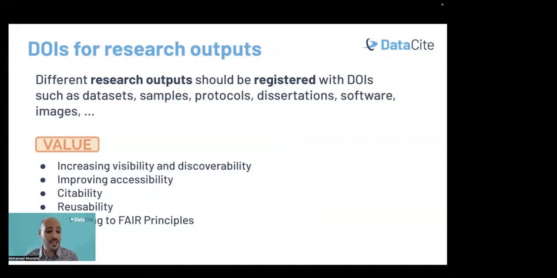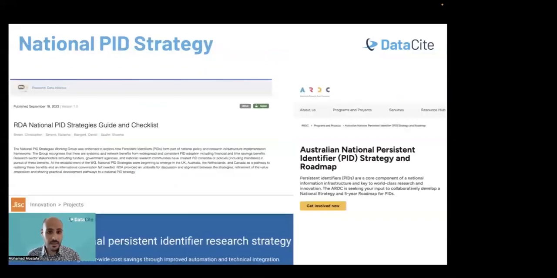It will also enhance the reusability of all your research outputs and resources. And we all know reusability is a very, very important point when we talk about the concept of open science and increasing the reusability of research. Also, in the context of datasets, using the digital object identifier is really aligned with all the FAIR principles.